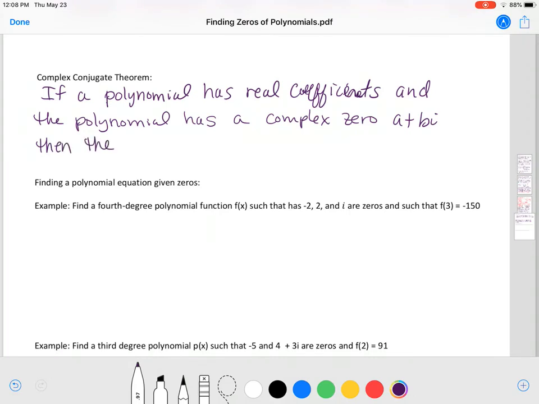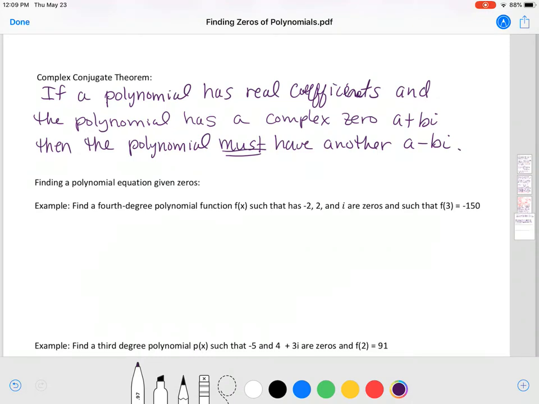Then the polynomial must have, and I want to underline must have, another zero, a minus bi. So in other words, if you have a zero that is imaginary, that has the imaginary part to it, then they have to come in pairs.